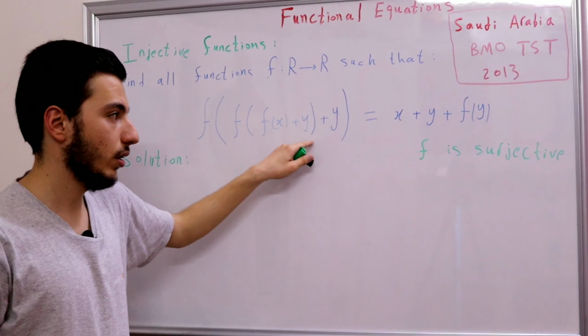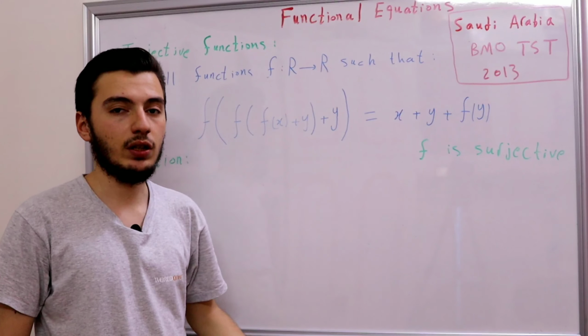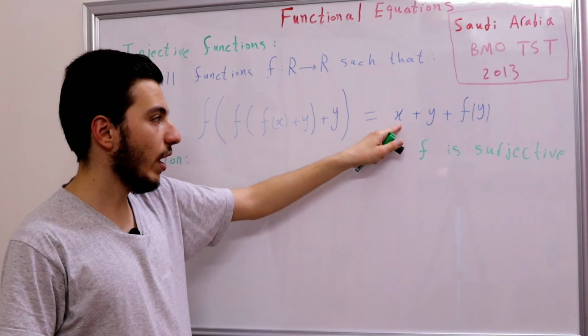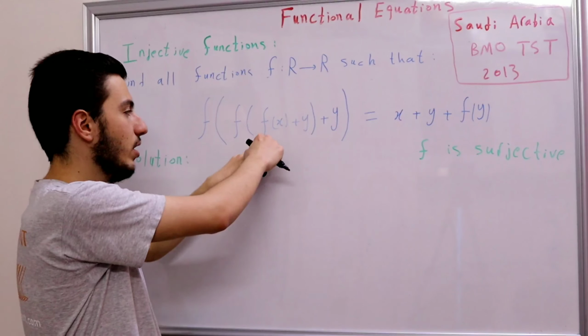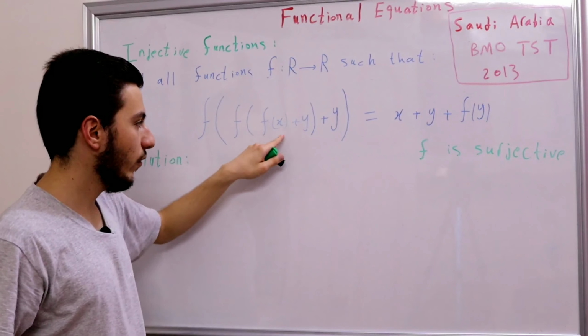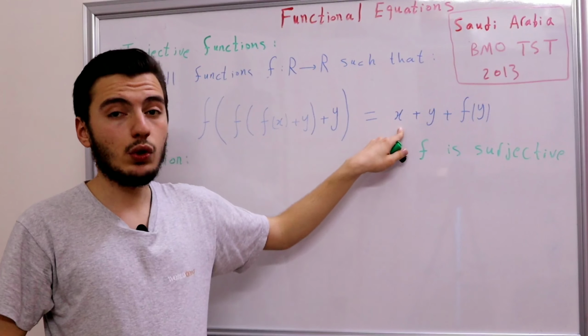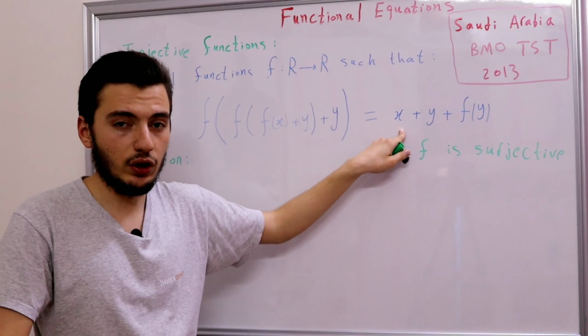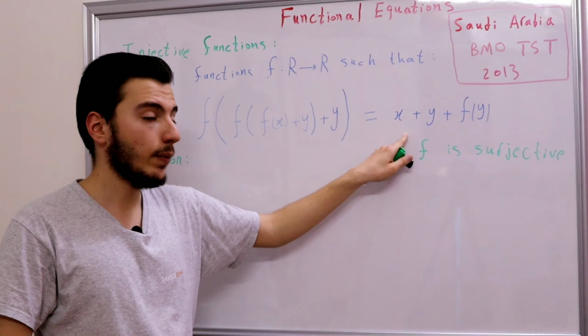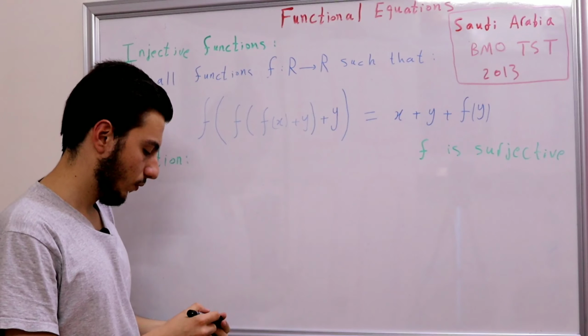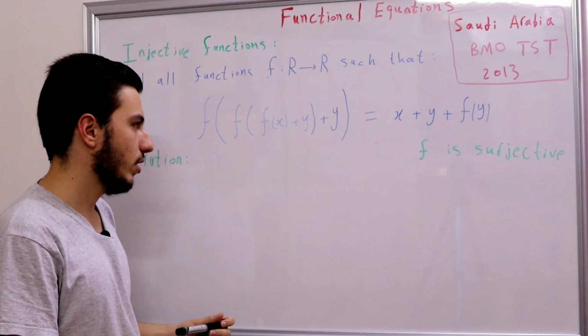So we can't use y to prove injectivity. But look at x. We have one free x, and we have only one other x, and that is indeed inside f. So we have f of x here, and we have x here. So we should be able to prove injectivity. But how can we exactly prove that f is injective?